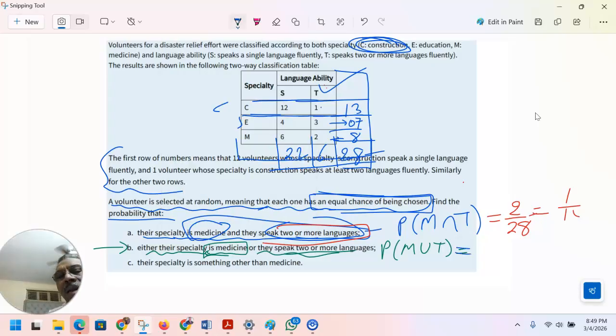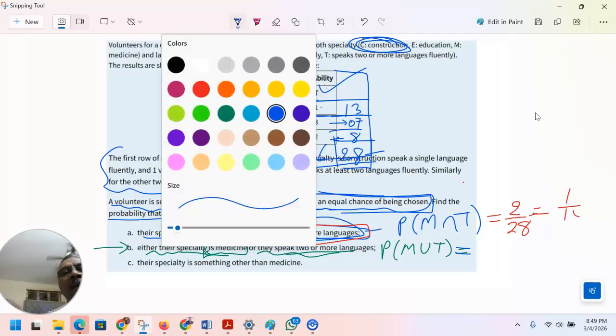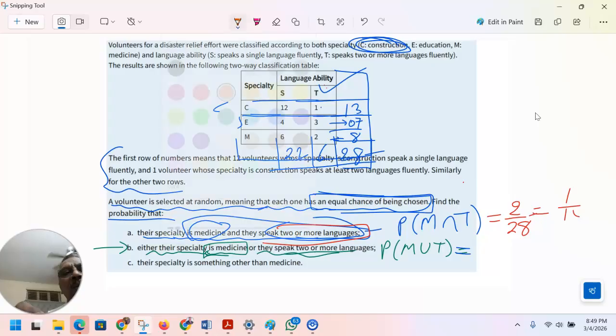Now one thing is you can directly write. I will show you how. The medicine ones are all together, so this together is medicine. This together is 8. See, 8 are in medicine. And of course, these two will also be those who speak languages. Now these two are already put in this 8, right?